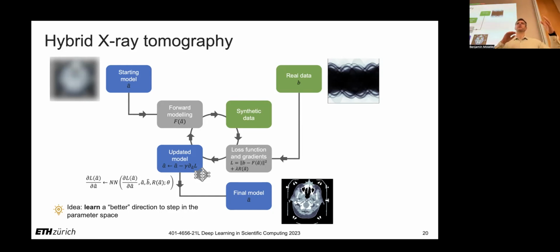What we really want to do is explore the parameter space until we find a minimum of the loss function. But we know that loss function is going to be incredibly complex, especially if the problem is ill-posed, and it's going to have lots of local minima, etc. So the gradient is perhaps not the best idea. So what if we try to learn a better step to move in the gradient space that gets us closer to the solution quicker?